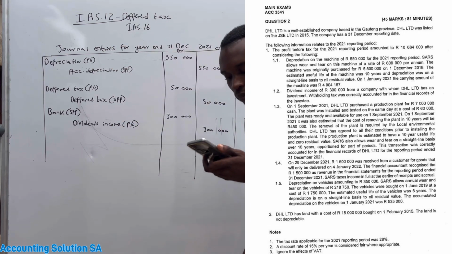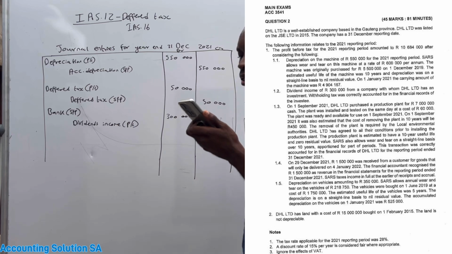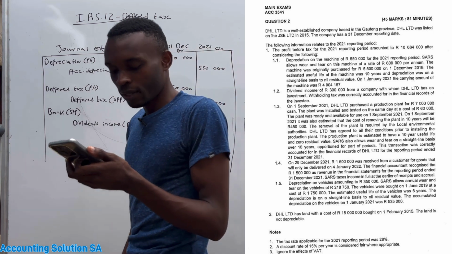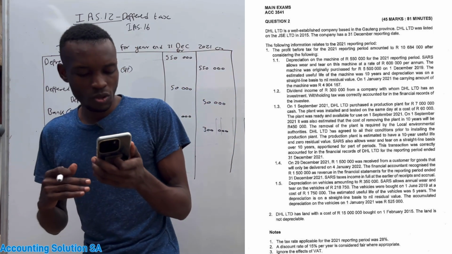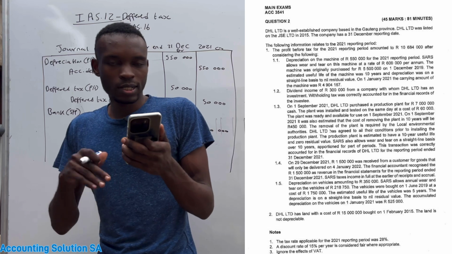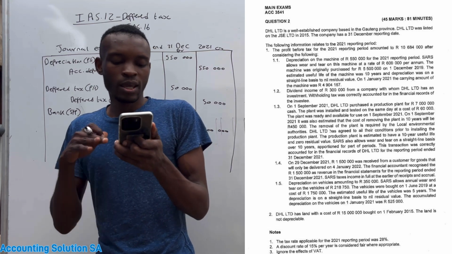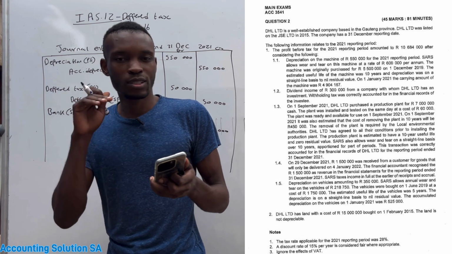Okay. On 1 September 2021, DHL Ltd purchased a production plant for an amount of 7 million. In this case, obviously, we also have to read the note. They say tax rate is 28%, discount rate is 15%, and you have to ignore the effect of VAT.